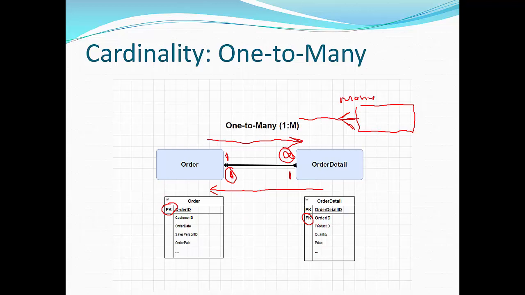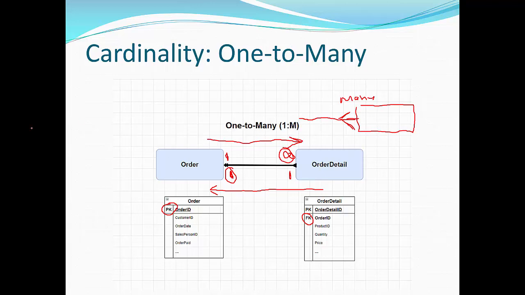We can track your shopping cart with every item in the shopping cart. Okay, so you can see that your one-to-many cardinality is the most desirable cardinality in your relational design. So you should always strive to achieve a one-to-many cardinality. Any question?